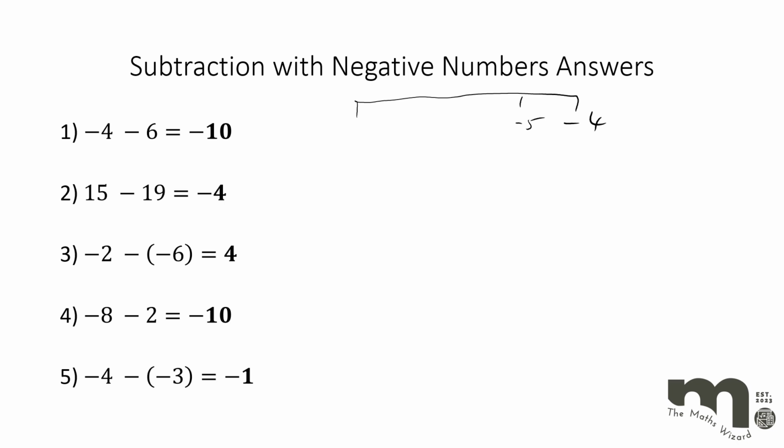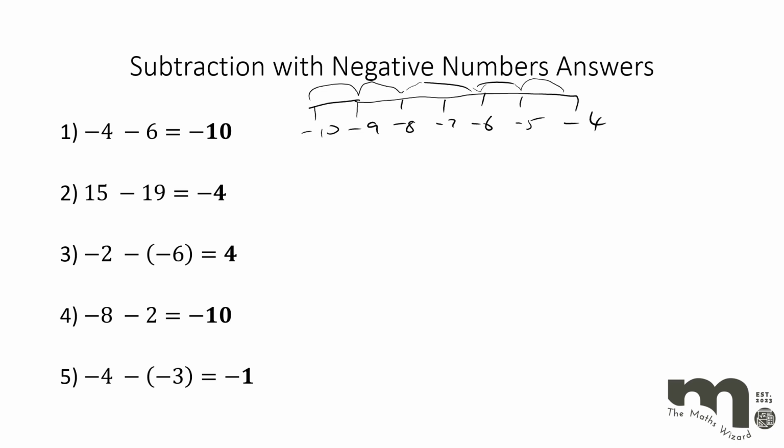So we're going to minus 5 if you take 1 away, and then minus 6, minus 7, minus 8, minus 9, and then minus 10. So you can see we've got 1, 2, 3, 4, 5, 6 until we get to minus 10 there.